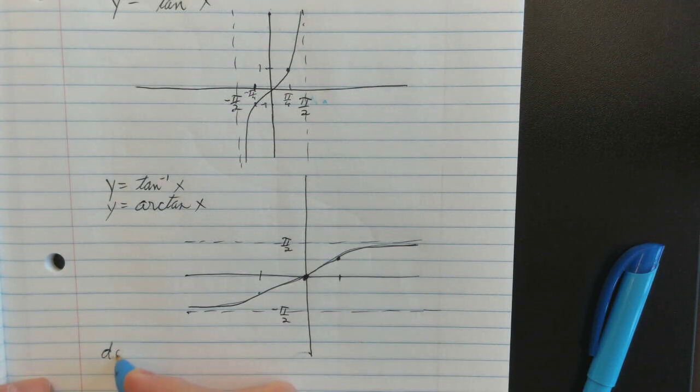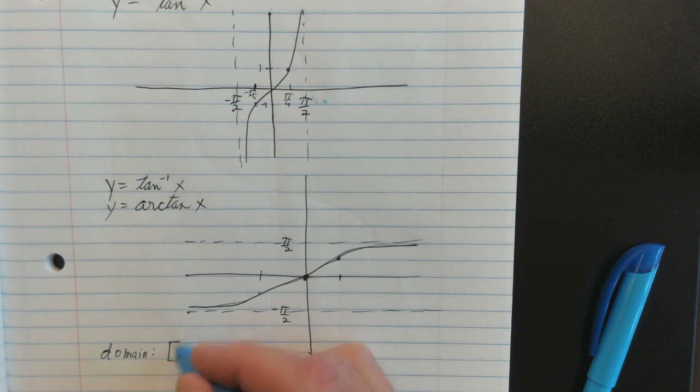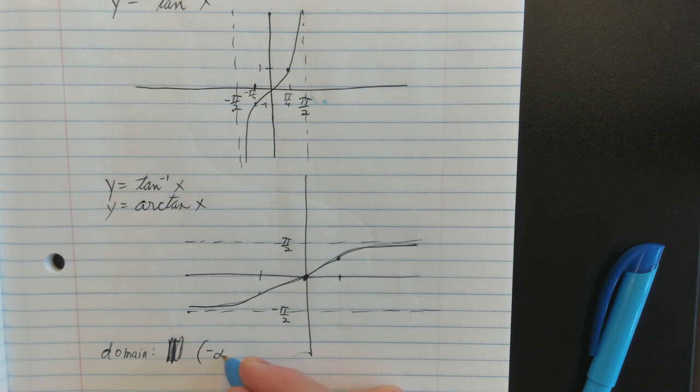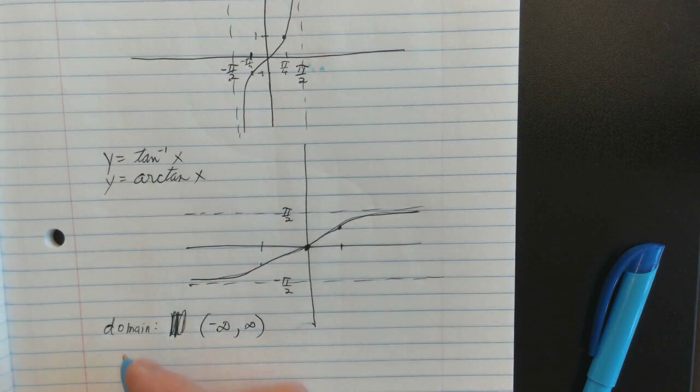Let's talk about domain. Oh dear, I may have gotten a little ahead of myself there. What's the domain? Right. So that square bracket is not something we should be using.